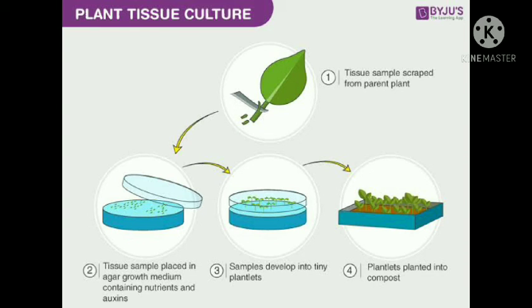So from the callus, root and shoot development is initiated, and this callus will ultimately transform into new plantlets, and these plantlets are transferred into pots filled with soil, and then we can obtain the new plant from a small piece of tissue. So this is known as tissue culture technique.